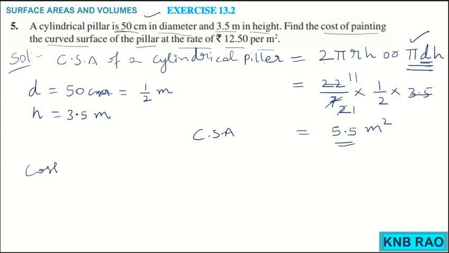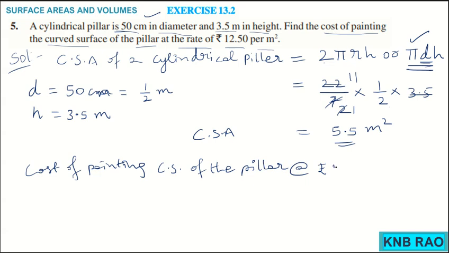Now the cost of painting the curved surface of the pillar at the rate of 12 rupees 50 paise per meter square is 12 rupees 50 paise multiplied by 5.5 meter squares.